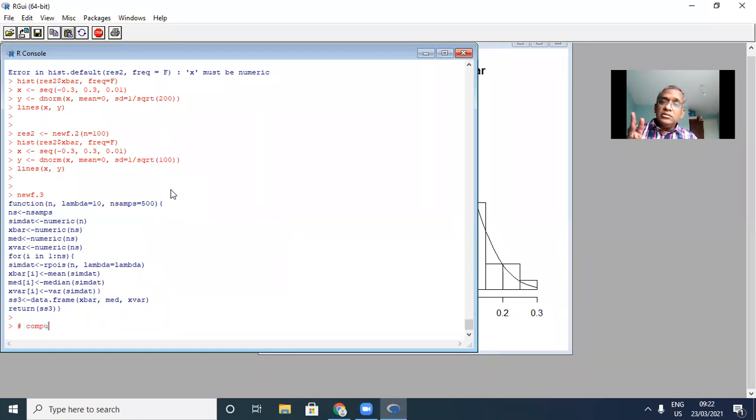It does three things. It computes values of the sample mean for 500 samples, so it's 500 samples of size n simulated from a Poisson distribution with lambda equal to 10.